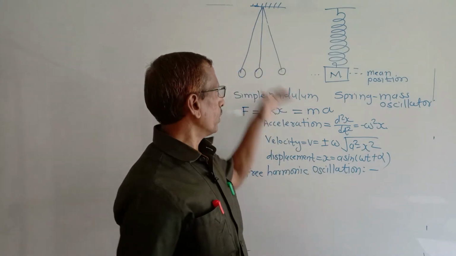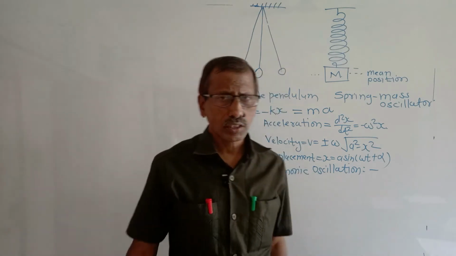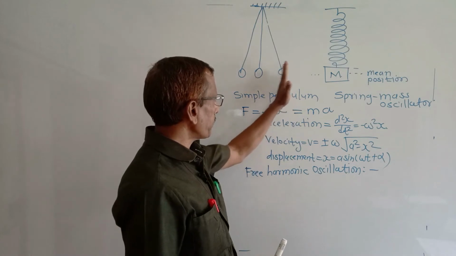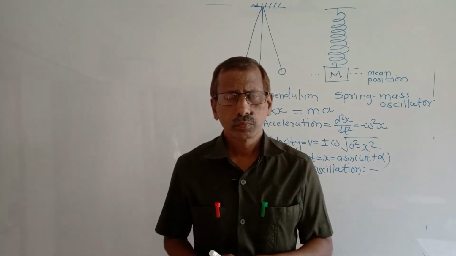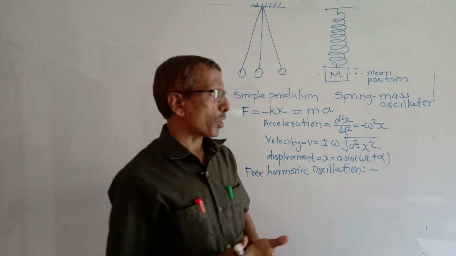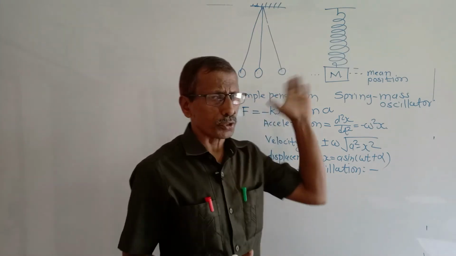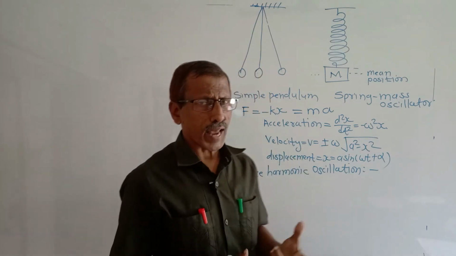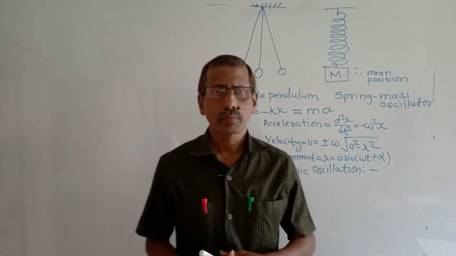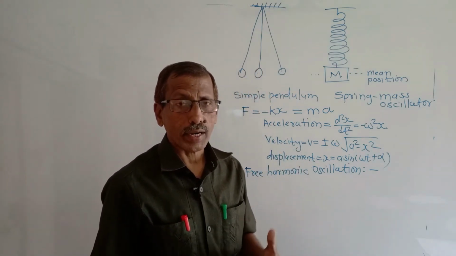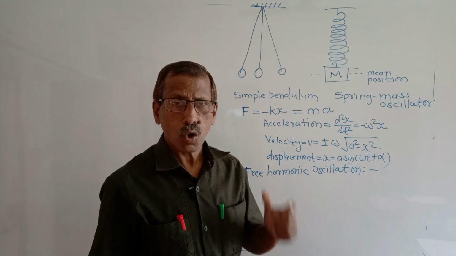When a body is displaced from its mean position and released, due to the restoring force, the body performs oscillatory motion about the mean position with the natural frequency of the body. Such oscillations are called free harmonic oscillations.